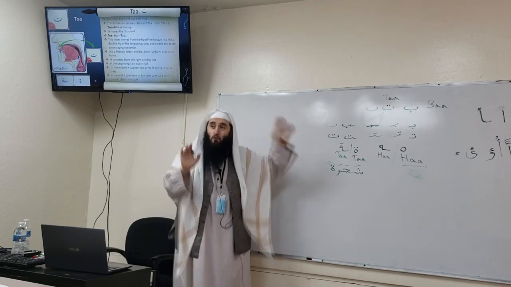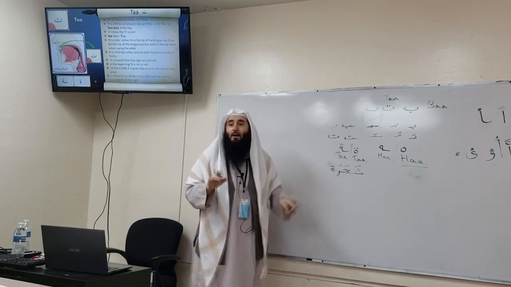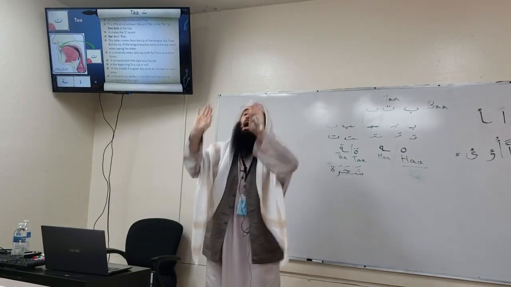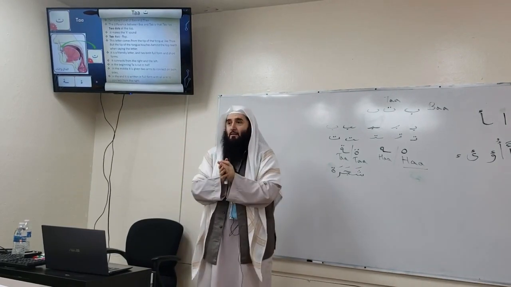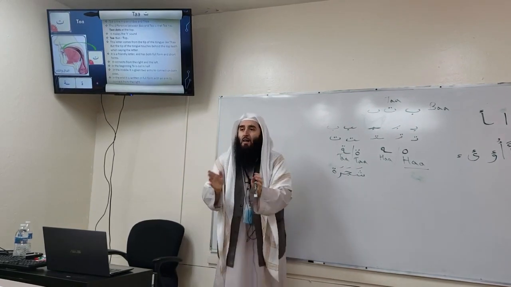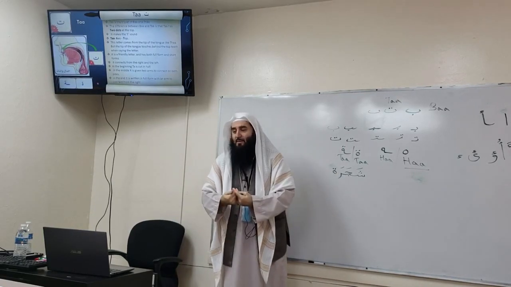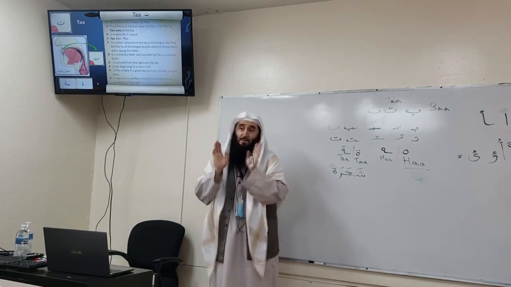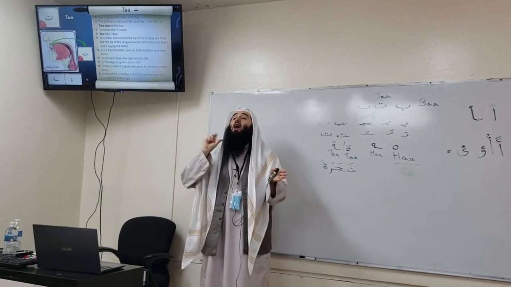Alright? What you need to know now is this ta: if I continue, it remains ta. If I stop on it, it becomes ha. That's it. Easy? Even though there are two dots there, if I stop there, for example the sentence finishes there, I stop with ha.